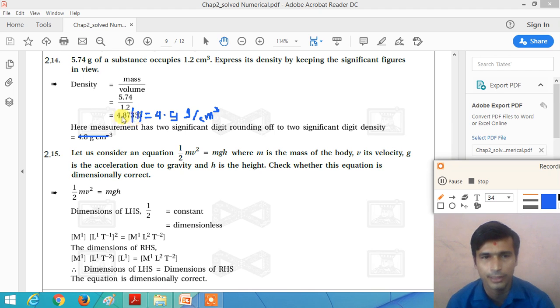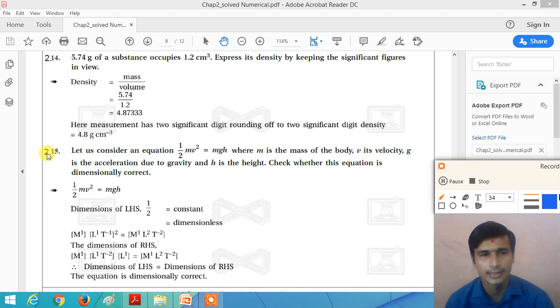So if we remove this 7, we add 1 to the preceding digit, and we get the answer 4.9 gram per centimeter cube. So the density of the substance with the correct significant figures is 4.9 gram per centimeter cube. Understand?